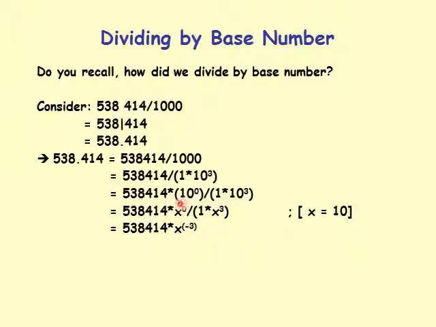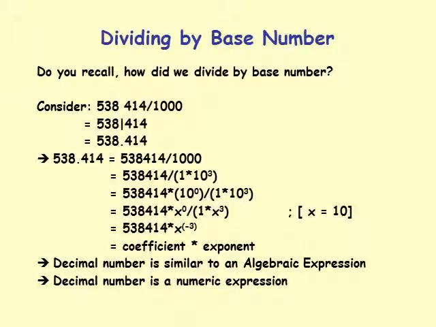From the flag of the numerator, we subtracted the flag of the denominator, 0 minus 3. So the result was of the form coefficient times the exponent. This is the coefficient part and this is the exponent part.